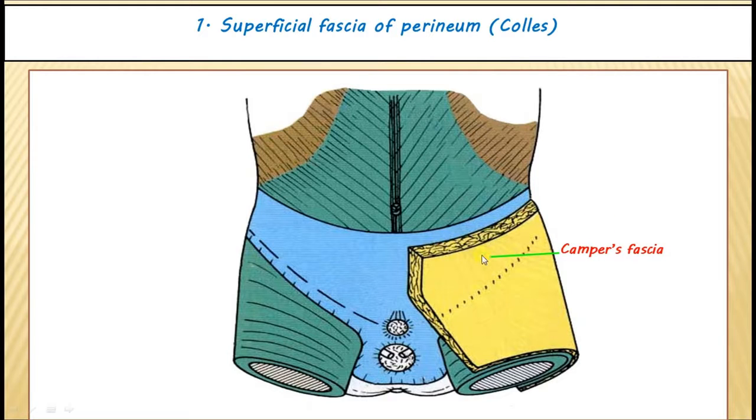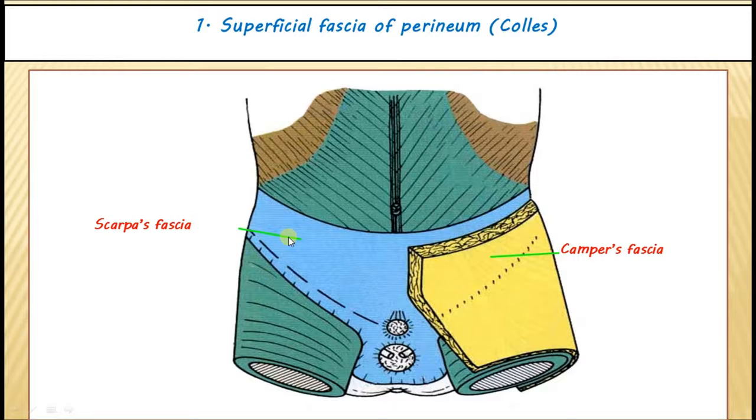This is called Camper's fascia. So below the line of the umbilicus, midway between the pubic symphysis and umbilicus, you will be able to appreciate the two layers of the superficial fascia, that is the Camper layer and the deep membranous layer, which is actually called the fascia Scarpa, the deep membranous layer.